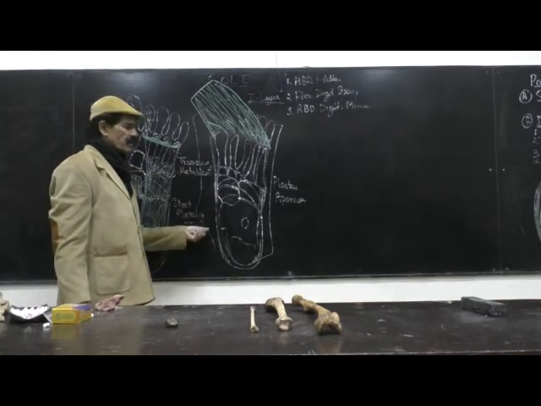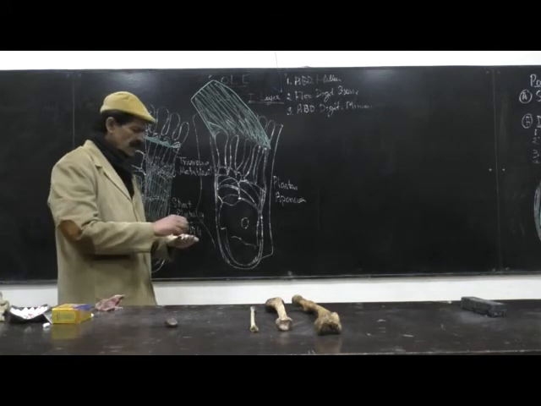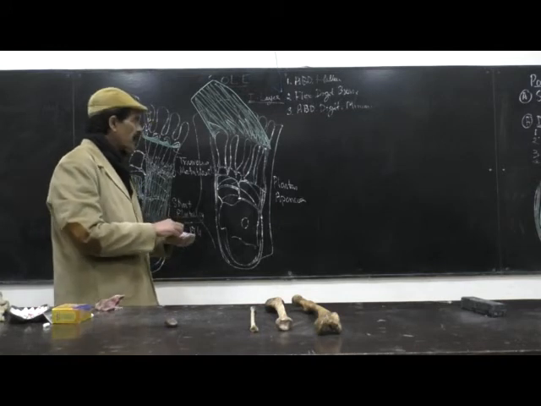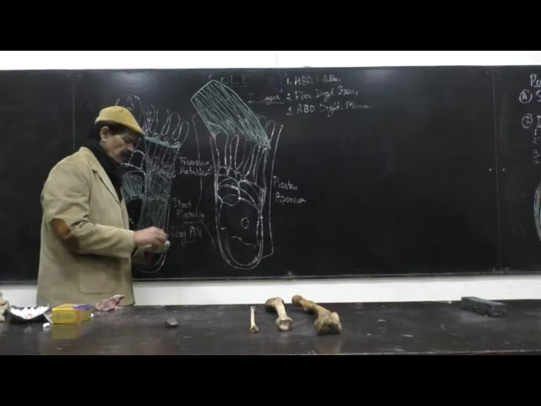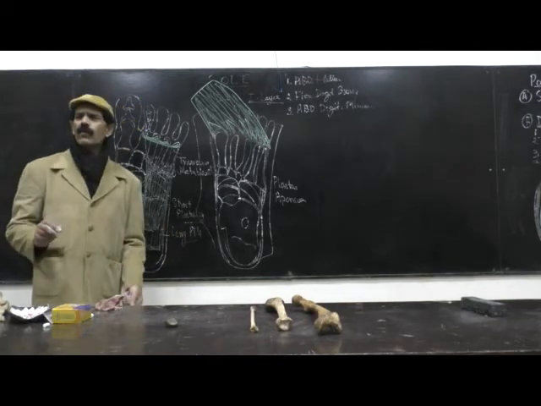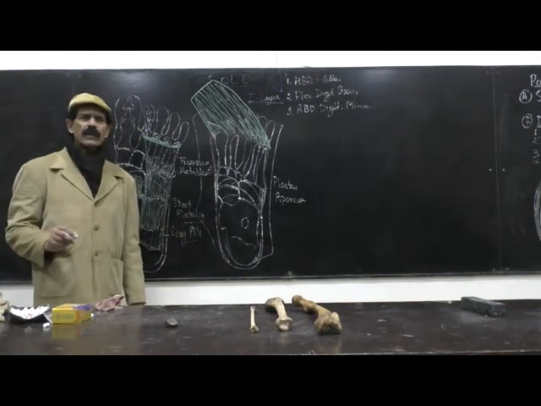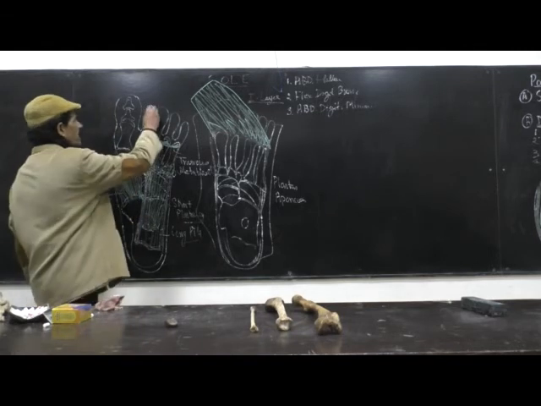So this Abductor Hallucis muscle, as the name suggests, will bring about the abduction. For the abduction and adduction movements of the digits of the sole, we take the first finger as the standard.